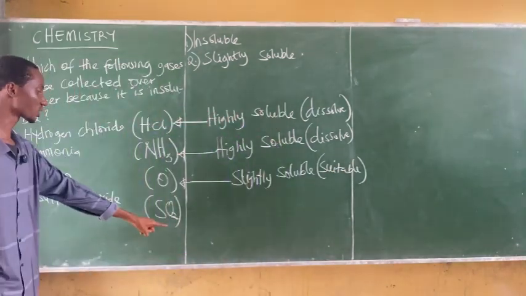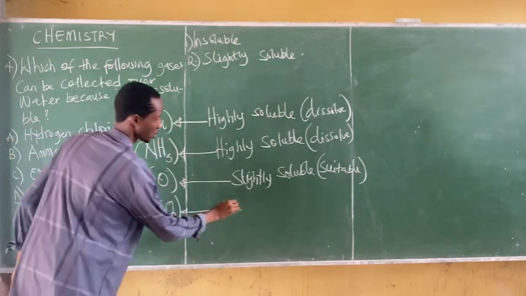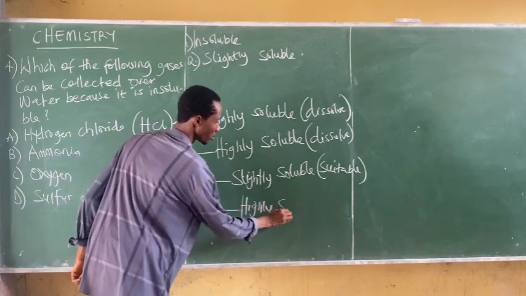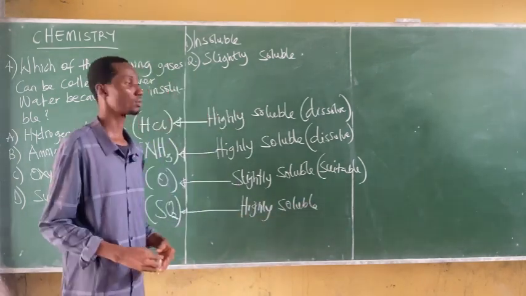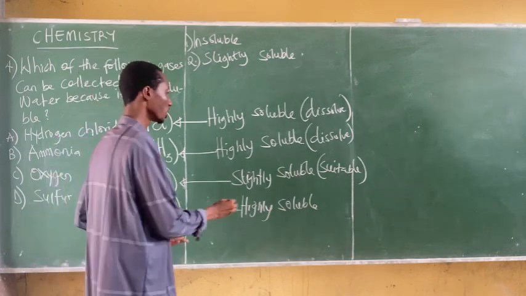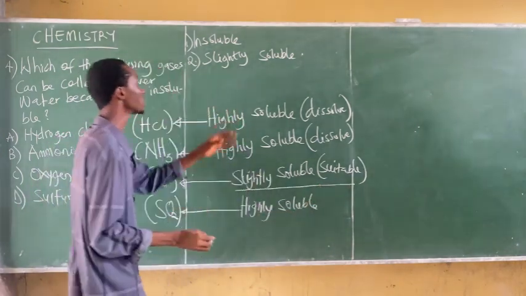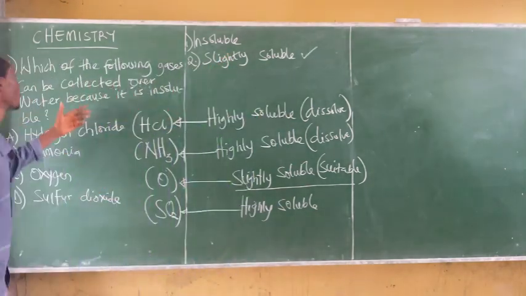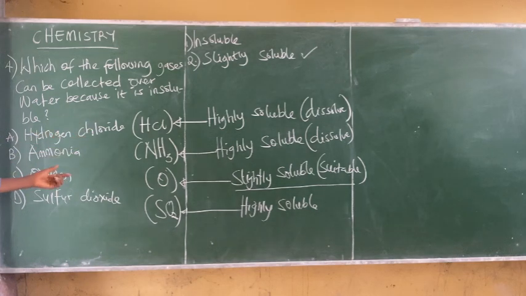Sulfur dioxide is highly soluble, and as such, it will dissolve. So the correct option here is what? Oxygen, which is slightly soluble. Oxygen satisfies this condition. Therefore, the gas that can be collected over water because it is insoluble is what? Oxygen.